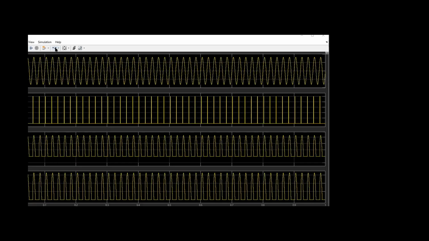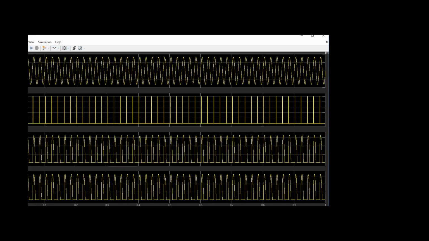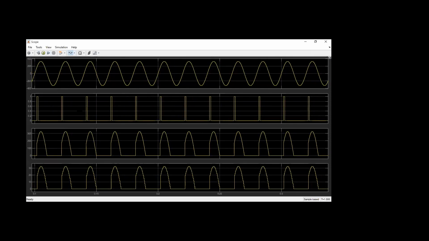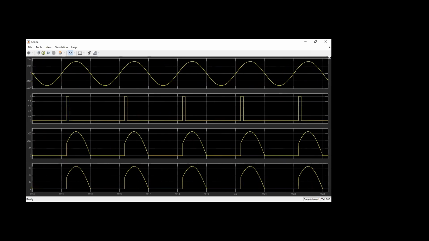So you can see here, if you observe here, see what I have considered is, this is my input voltage. Okay, so I have taken a 30 degrees firing angle.